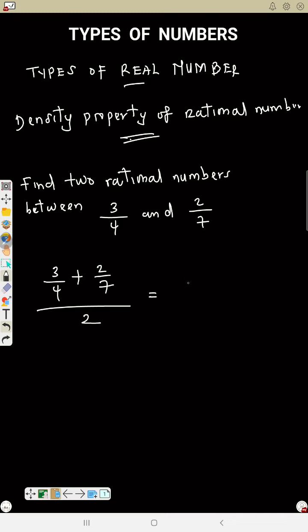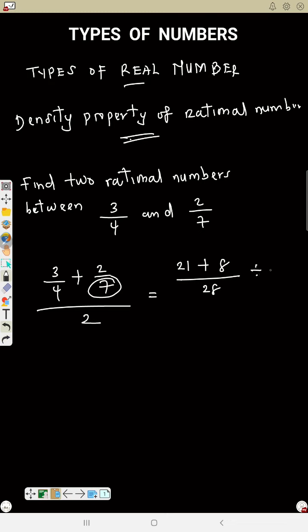So this will give us the LCM. Here it is 28. So this will be 21 plus 8. That is, how many 4 can you see in 28? 7. 7 times 3, 21. So again, 7 in 28, 4. 4 times 2, 8. Normal LCM.